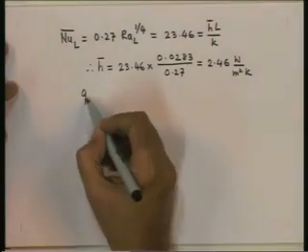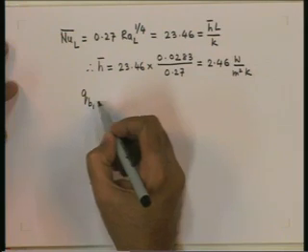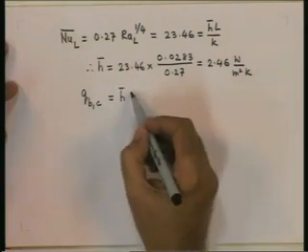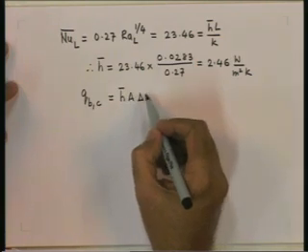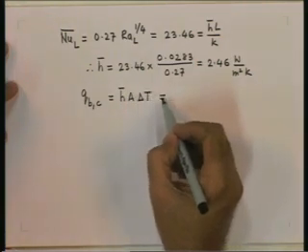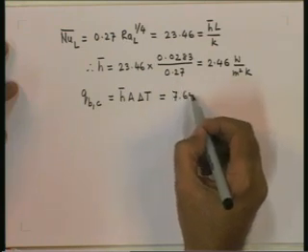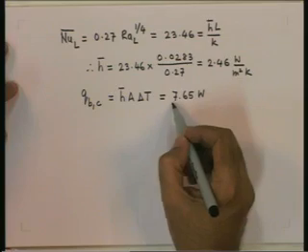And from which heat transfer from the bottom by natural convection is H bar A delta T, which turns out to be 7.65 watt.